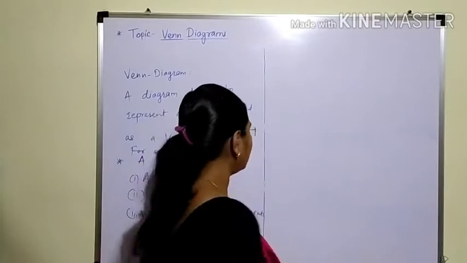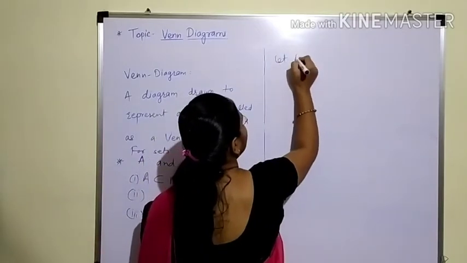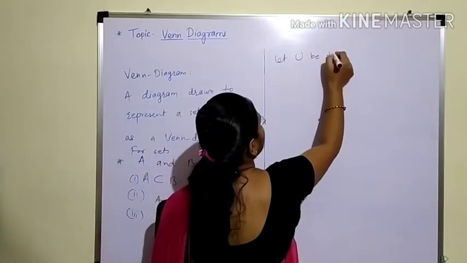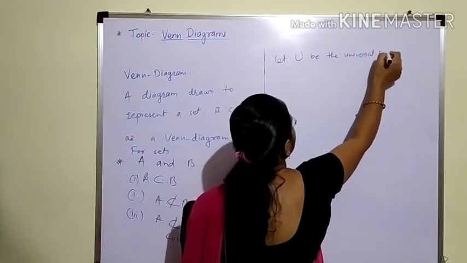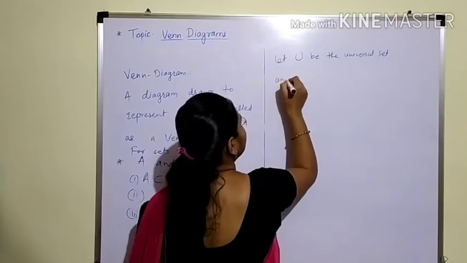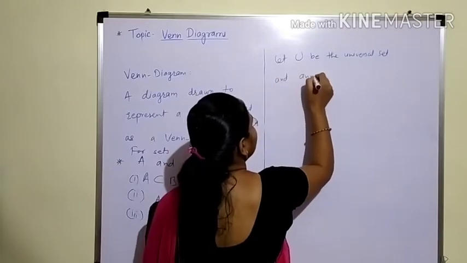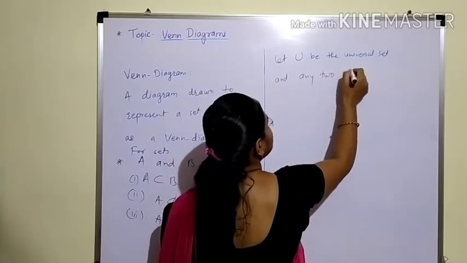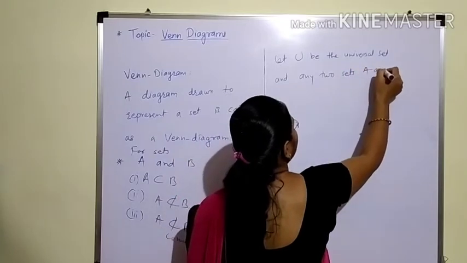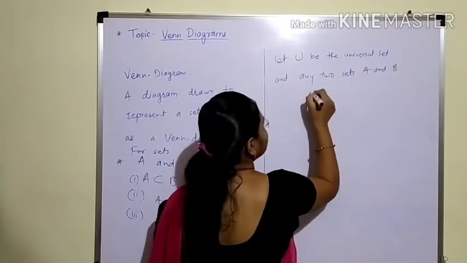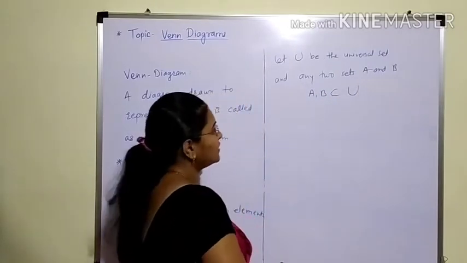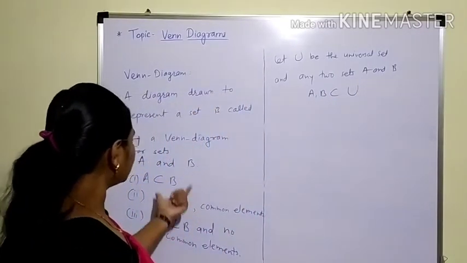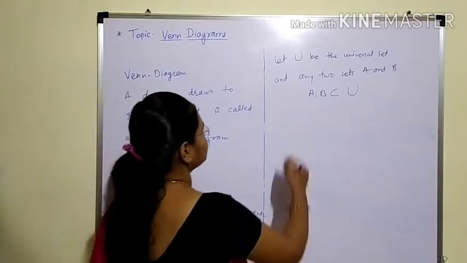Okay, so let U be the universal set and A and B any two sets which are contained in the universal set. So we can represent all these cases here.